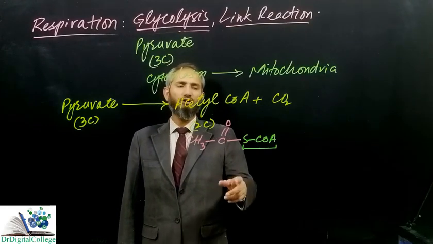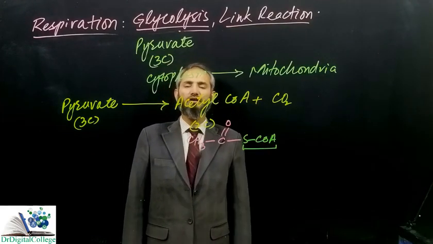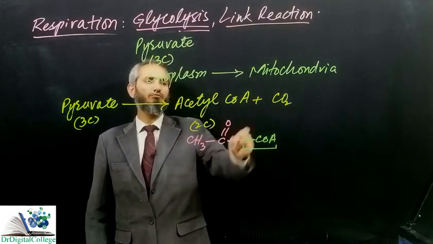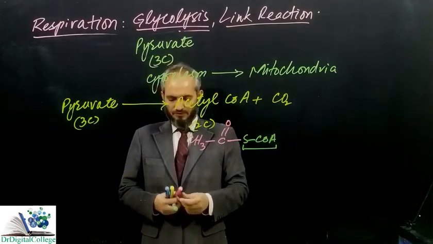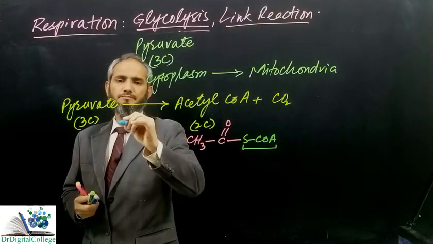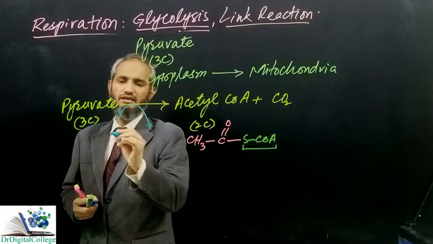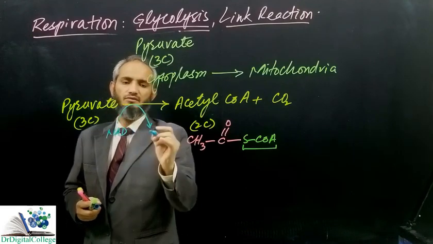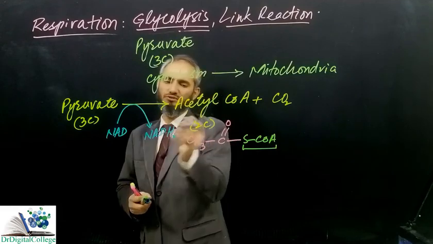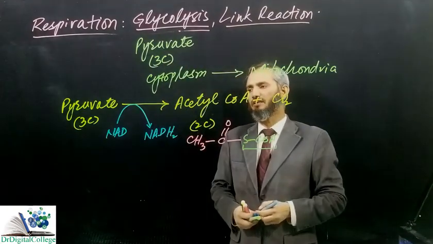In case of carbohydrates, every carbon has hydrogen attached to it. So along with the removal of carbon, there is the removal of hydrogen also, and that hydrogen is taken away by NAD, which is reduced into NADH2. For easy study, I am once again writing here NADH2.